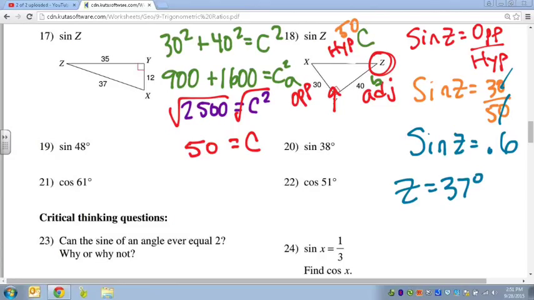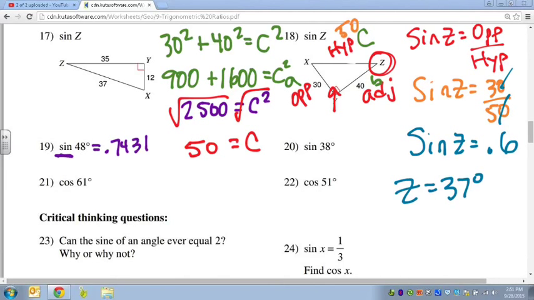I go to the sine column, because look at number 19, and I go to 48 degrees. At 48 degrees, sine equals 0.7431. That's literally all they want you to do. Just go to the column and make sure you put the right number.